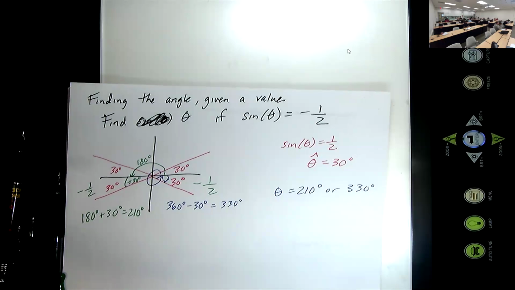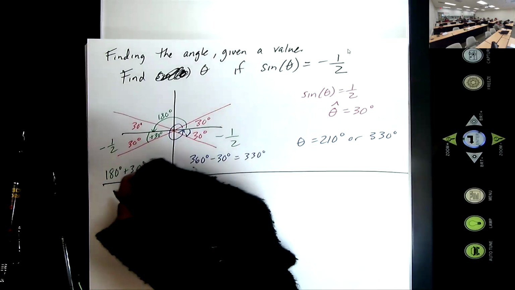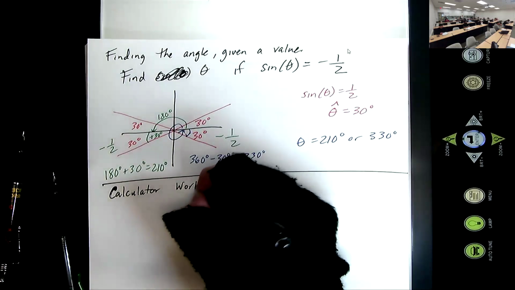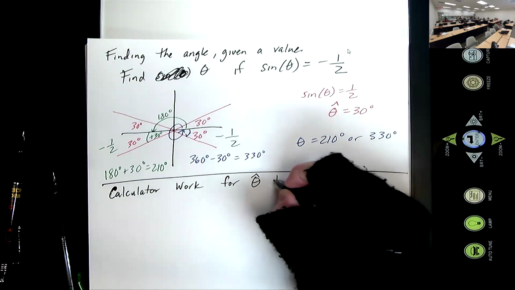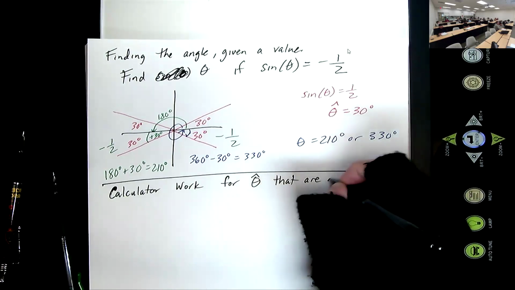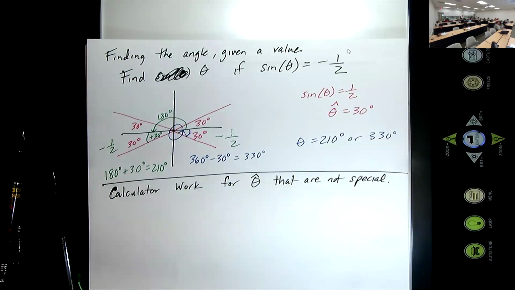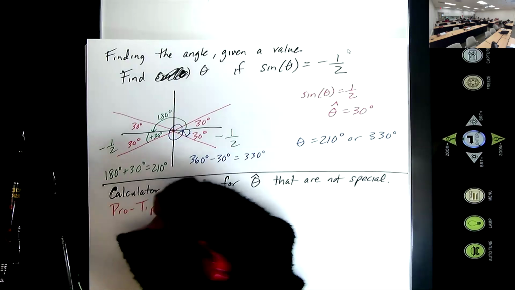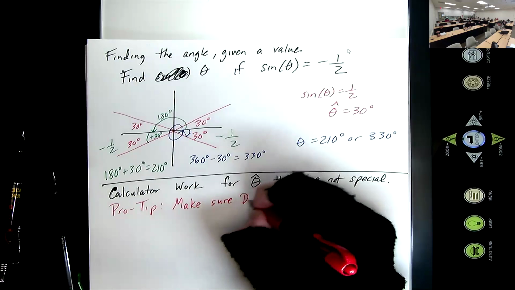Now let's take a look at some calculator work for the theta hats that are not special. Pro tip: make sure you're in degree mode if you're working with degrees.